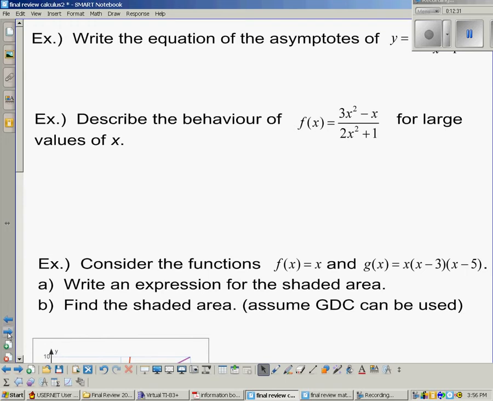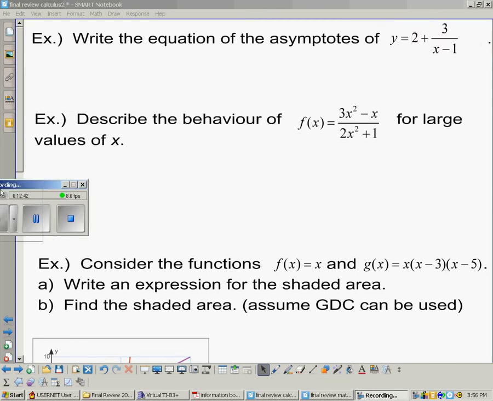All right, write the asymptotes of the function, plus 3 over x minus 1.